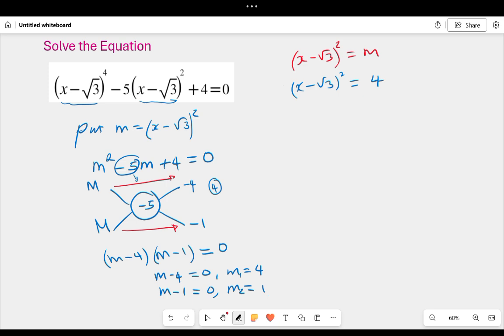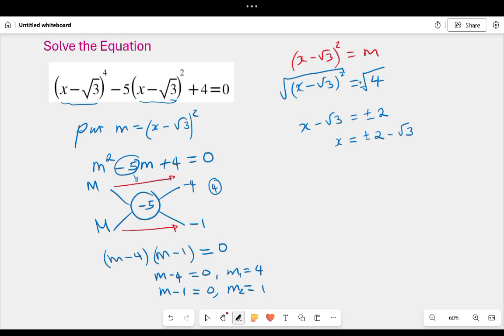Now, to remove the bracket, we are going to take the square root on both sides. So the square root of x minus the square root of 3 in brackets squared, and the square root of 4. The square root of a number is going to be plus or minus. Therefore, our solution is x minus the square root of 3 is equal to plus or minus 2, which means x will be equal to plus or minus 2 plus the square root of 3.